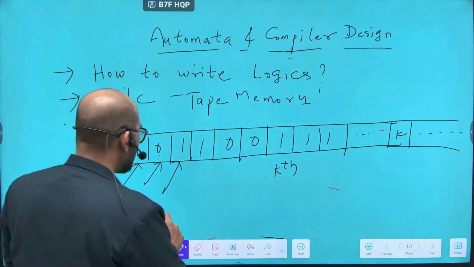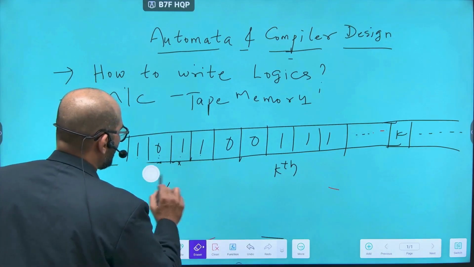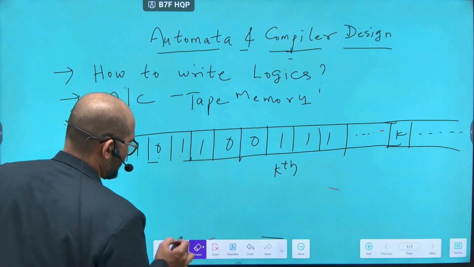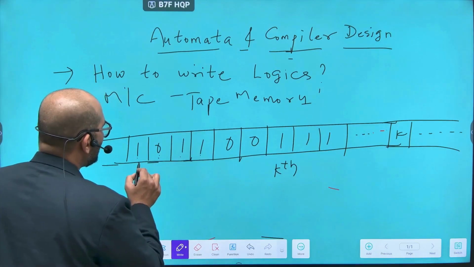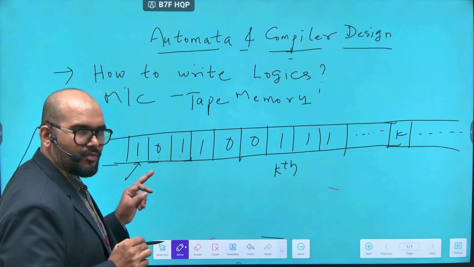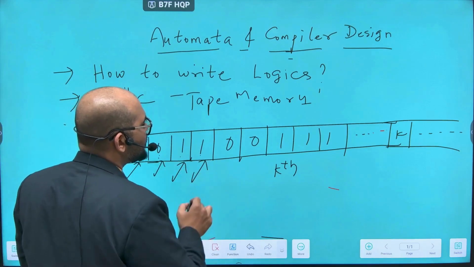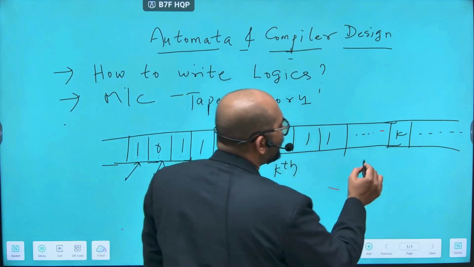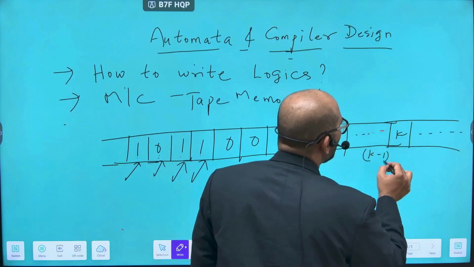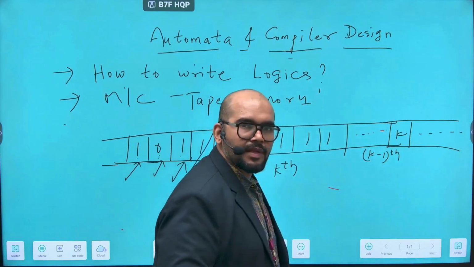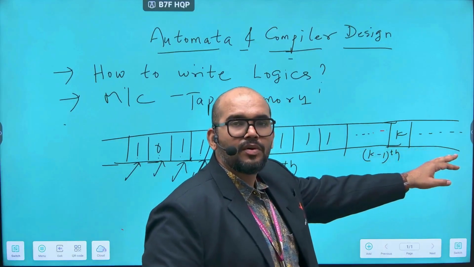Means at a particular step we can start from 1, go to 0, go to the next position, and the next position, like that. We need to go up to the k minus 1th position, and only then can we go to the kth position.